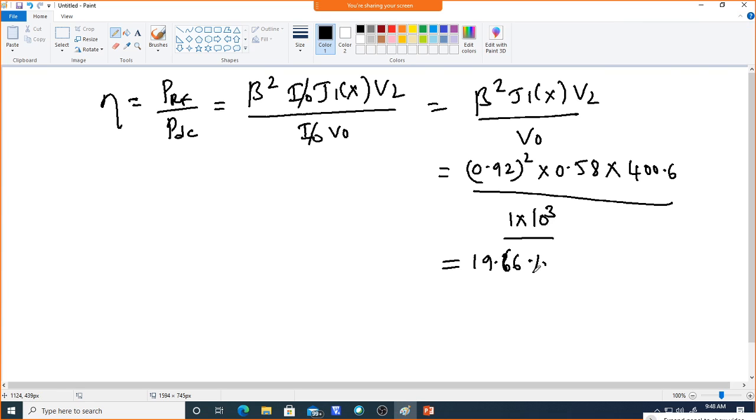Okay, so this is the efficiency which you got. So this is about the efficiency.